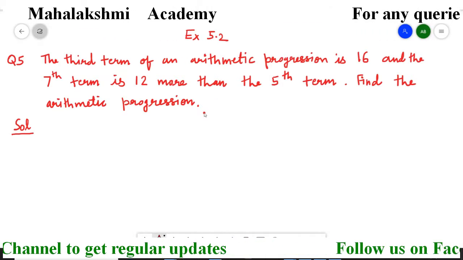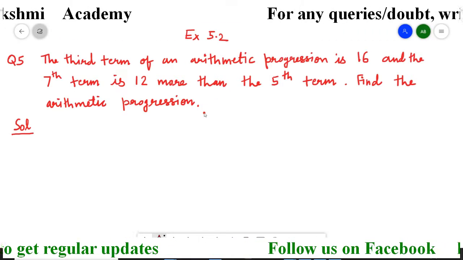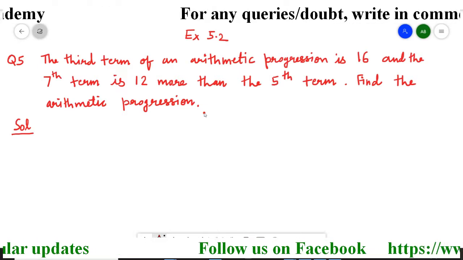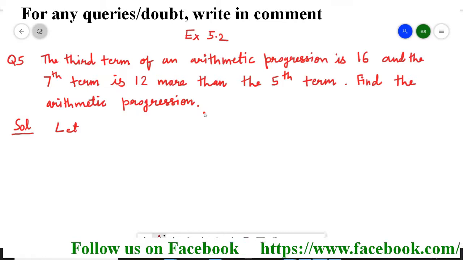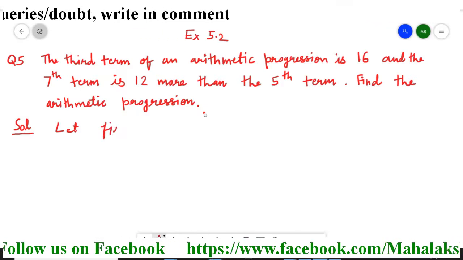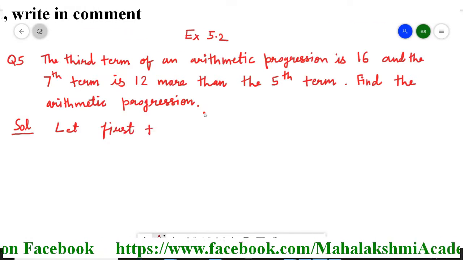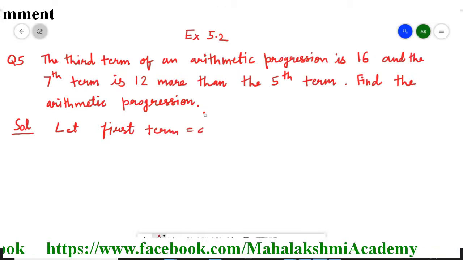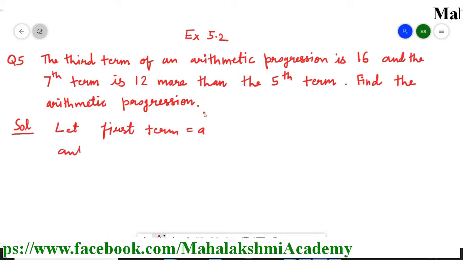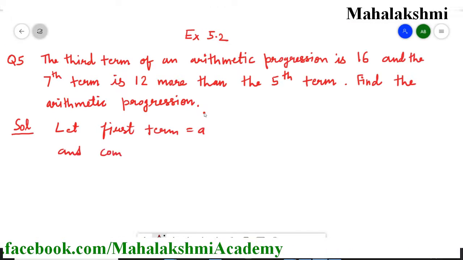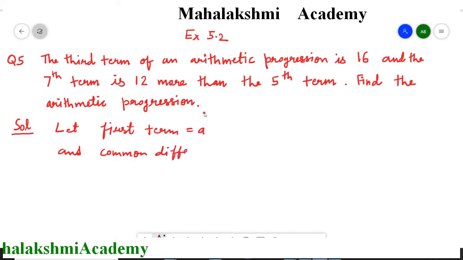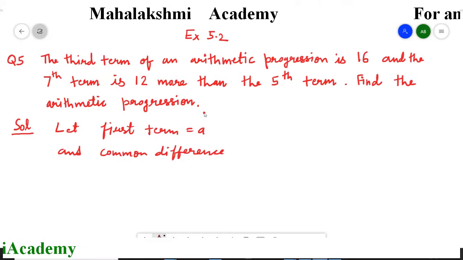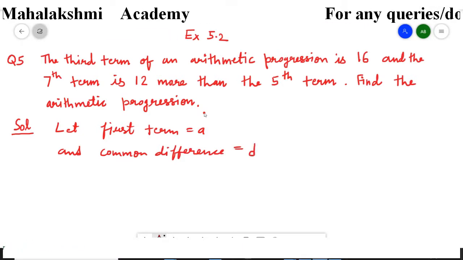First we'll assume the first term and the common difference as A and D. So we'll write here, let first term be equal to A and common difference be equal to D.